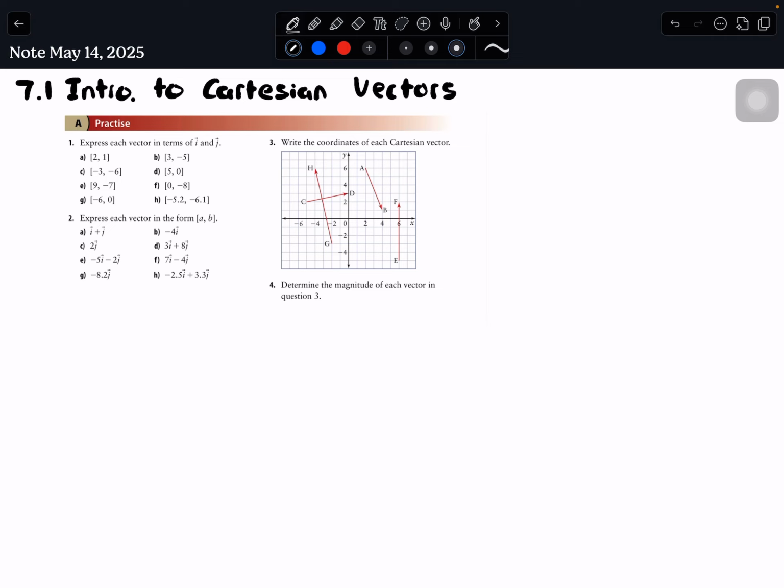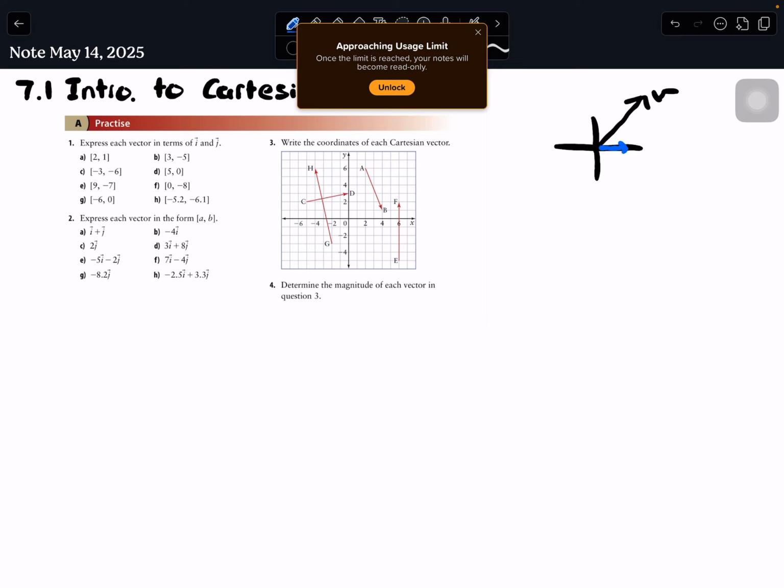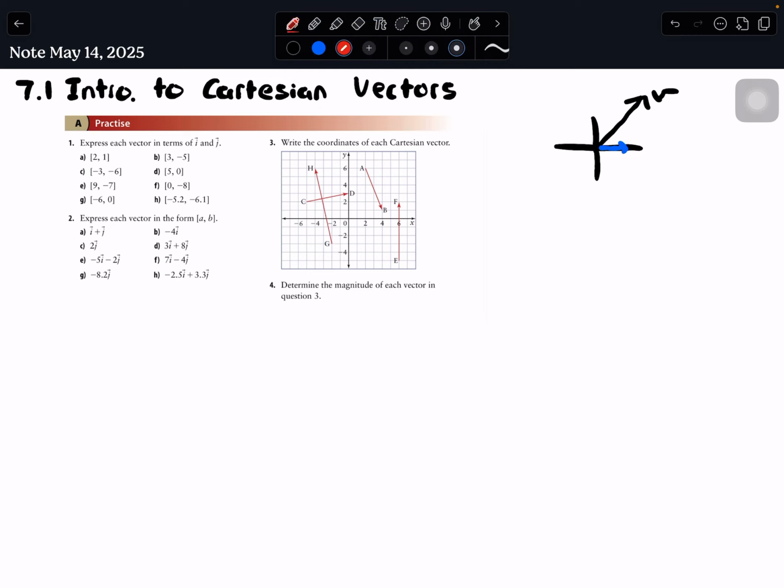In the Cartesian plane, any vector, as a matter of fact, if you have some vector v, can be represented as a linear combination of unit vectors i and j. Okay, so that's what we're going to do.